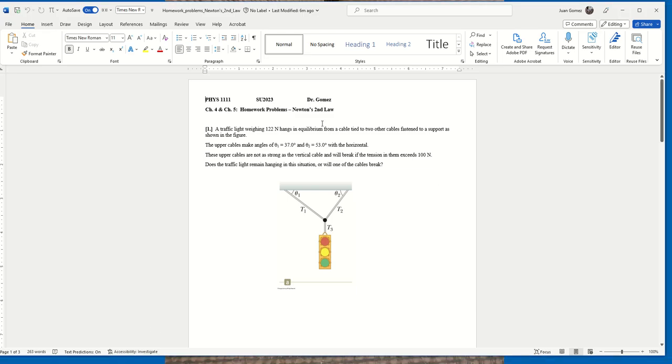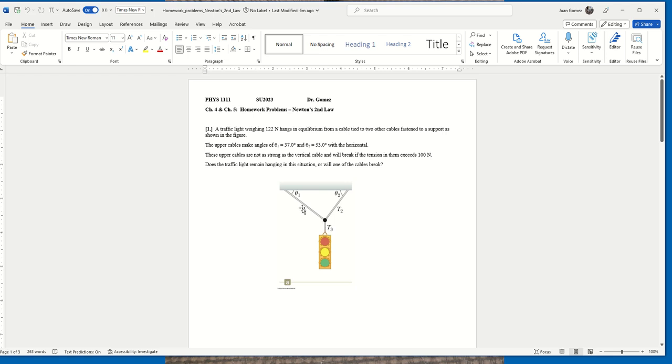So let's look at the first problem. You have a traffic light and it's hanging in equilibrium, which means, of course, that the acceleration is 0. The traffic light is not moving, and it's hanging from a cable, and the tension in that cable supporting the traffic light, we'll call that T3.